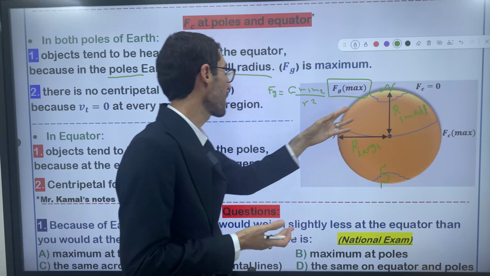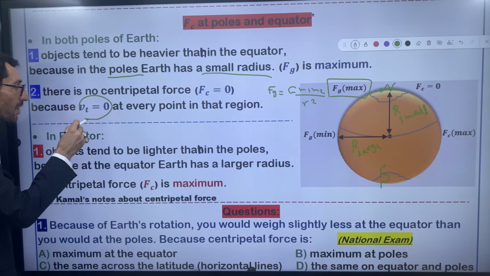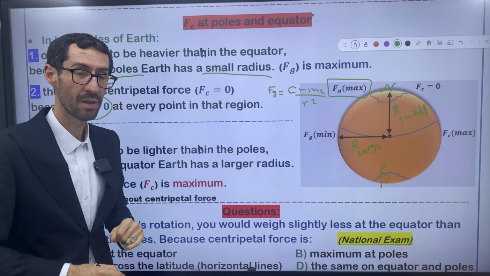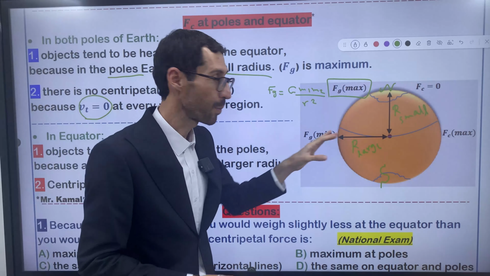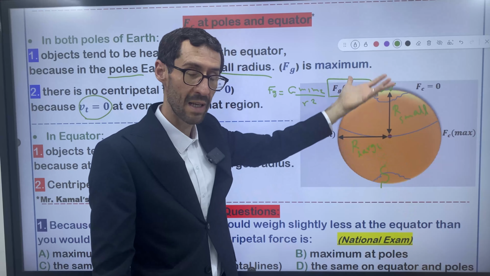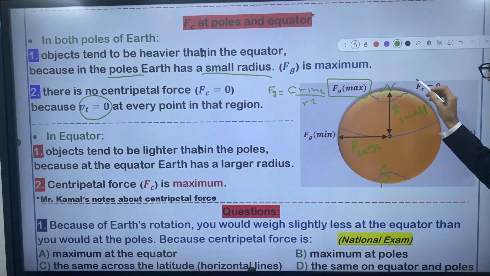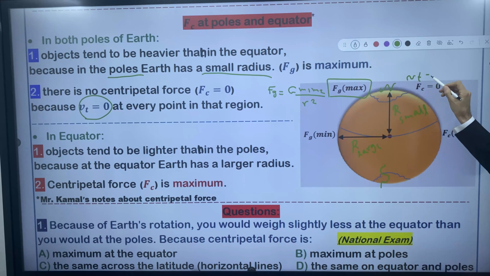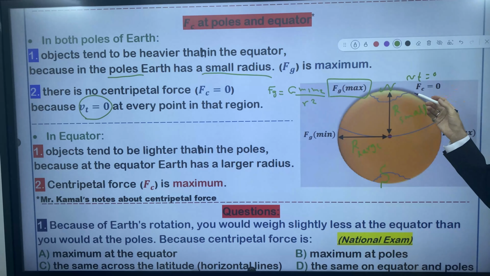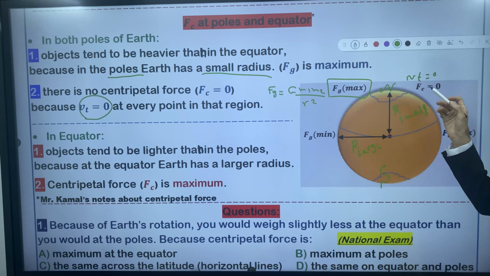Tangential speed is equal to 0 at every point in the North Pole and South Pole region. That's why Vt is equal to 0. Whenever Vt is equal to 0, 0 Vt leads to 0 centripetal force.